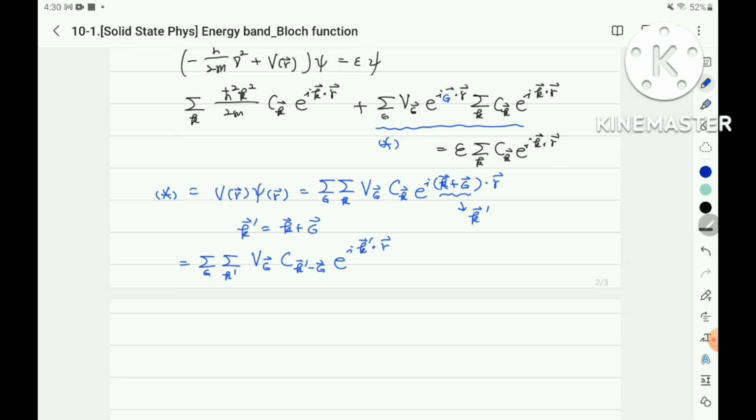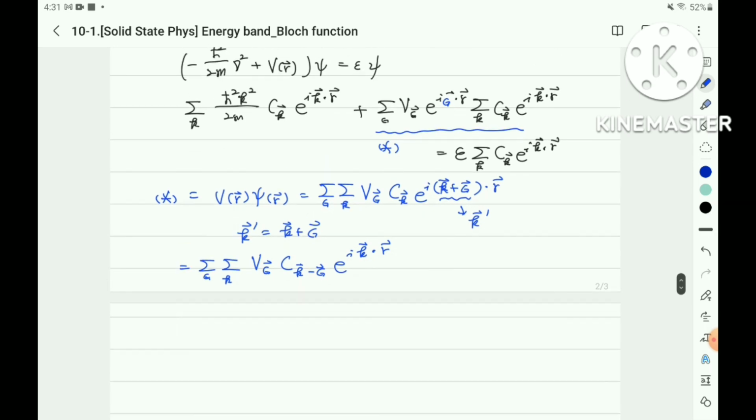But this prime can be omitted because k prime and k are identical with each other, and therefore we can eliminate the prime.